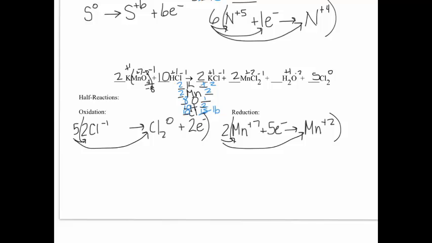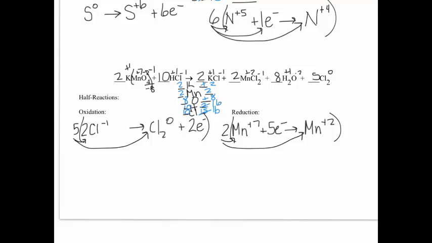We need 8 oxygens on the product side. So I'm going to go ahead, change this to 8, and now I have my 8 oxygens. However, at the same time, I have messed up my hydrogens. My hydrogens on the reactant side are 10, but now on my product side, they're actually 8 times 2, which is 16.